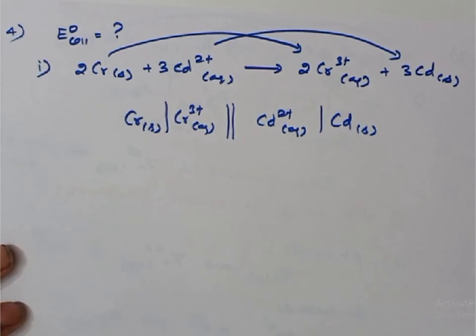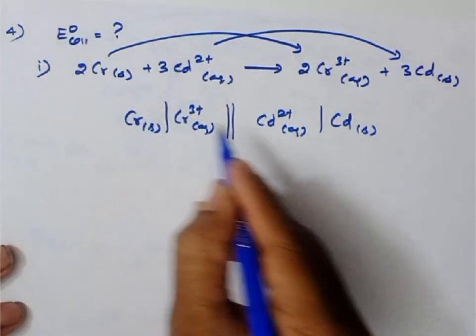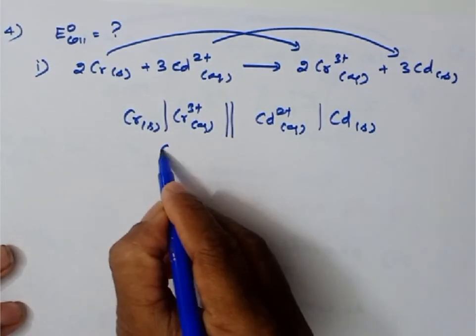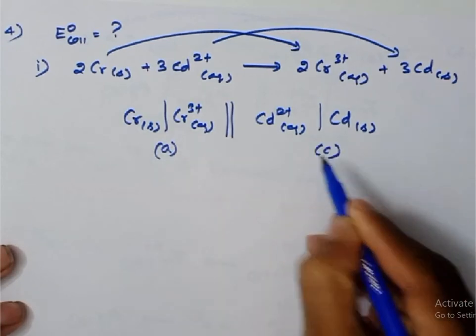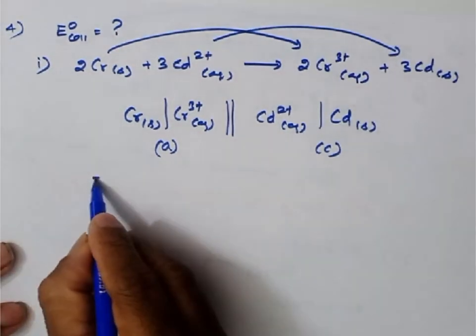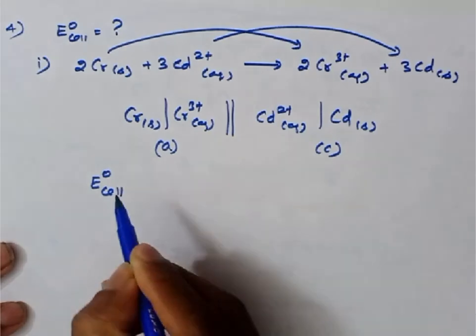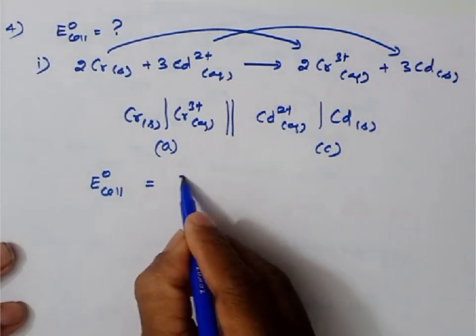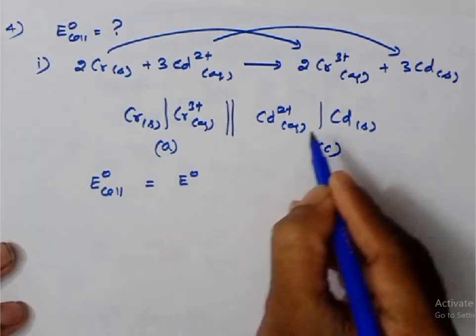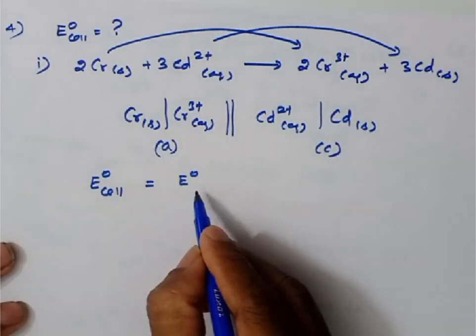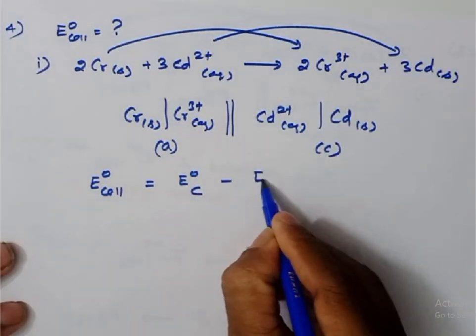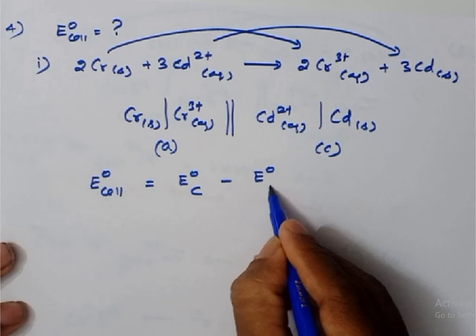Now see, this is the anodic compartment and this is the cathodic compartment, right? This is the anode and this is the cathode, right? And you know very well, the standard cell potential is nothing but the standard reduction potential of the cathode minus the standard reduction potential of the anode.